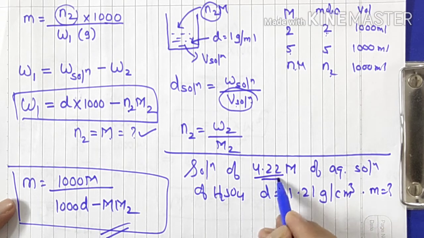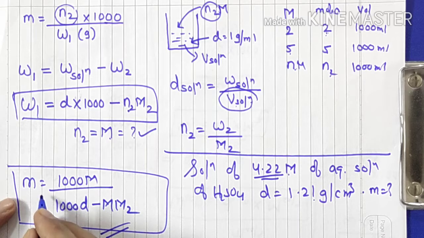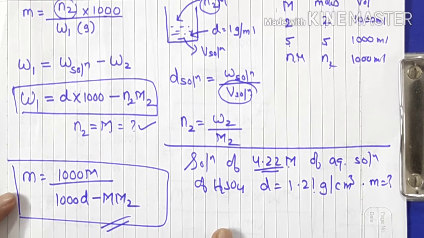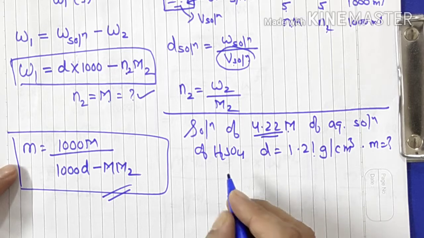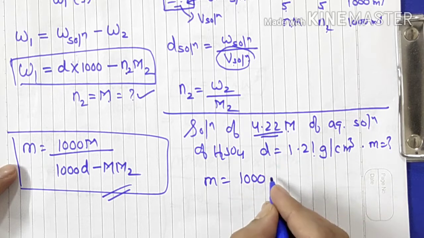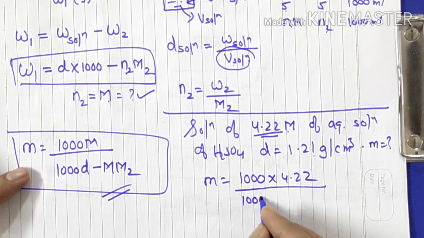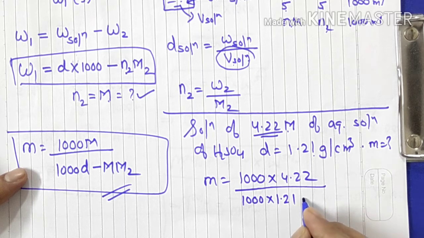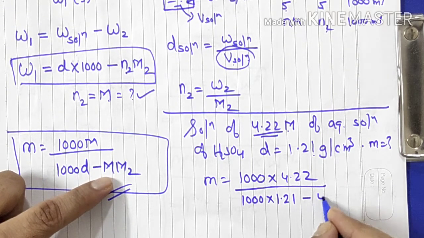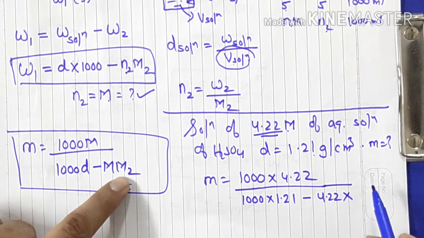Now, what have they given? They have given us molarity. What is density? 1.21, right? So just substitute in this formula, we can easily solve this. Okay, let's see how. Molarity is equal to 1000 M. What is M? M is 4.22, right? 1000 into density, which is 1.21, minus what is molarity? Again 4.22, and what is the molar mass of solute?